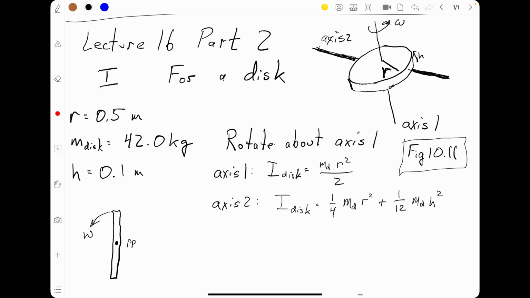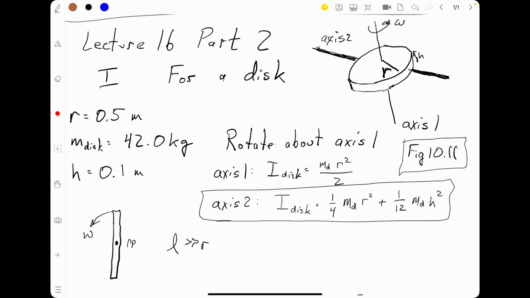Well, we reduce R to the point where L is much greater than R. In what I've drawn, H is not greater than R. I'm using L and H equally, so let's change it to H. Now let's make H a lot longer than R. So we would be making it like this.